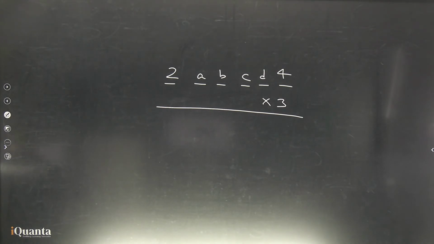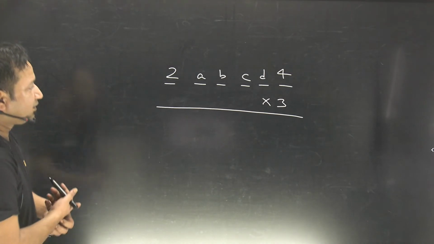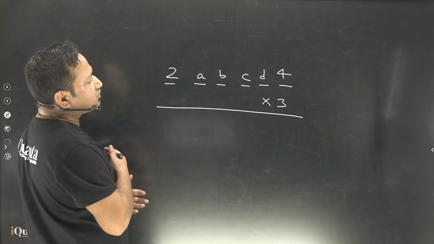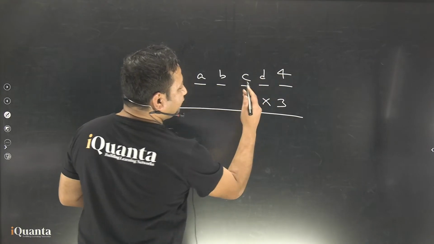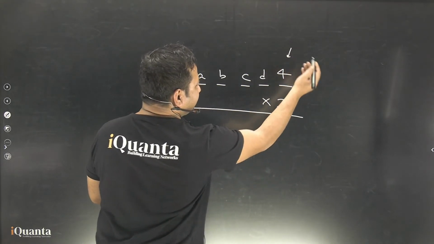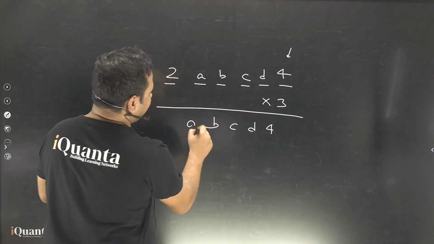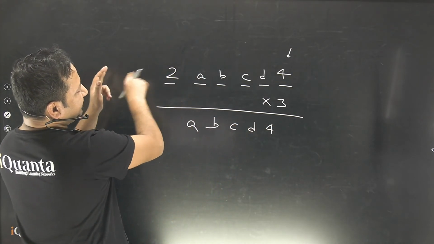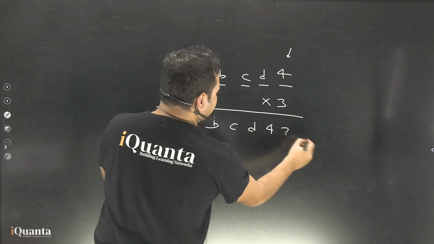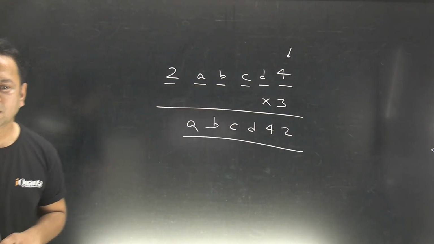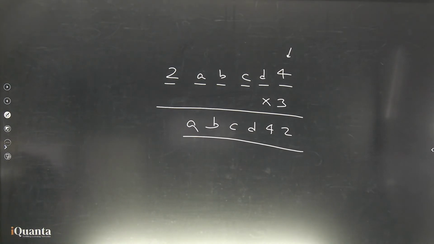I'm saying when this number is multiplied by 3, the product is again a 6-digit number, but all the digits shift one place towards the left. That means 4, the last digit, becomes second last. D, C, B, A, and being cyclic, 2 does not have anywhere to go, so 2 goes here. This is the product. All right? Clear? Now it's understood.